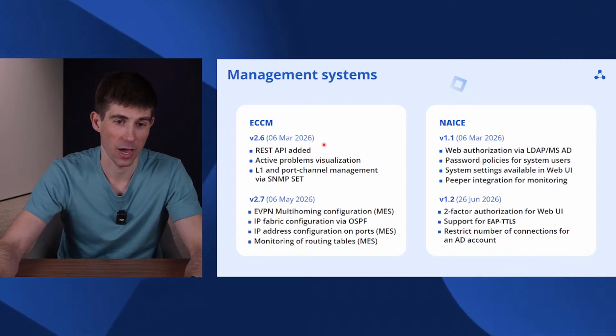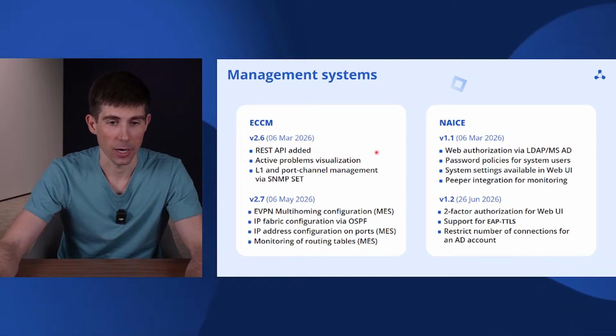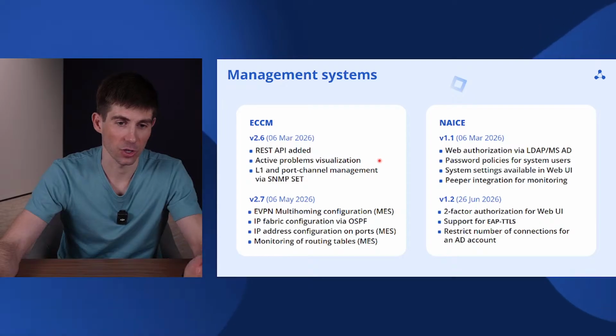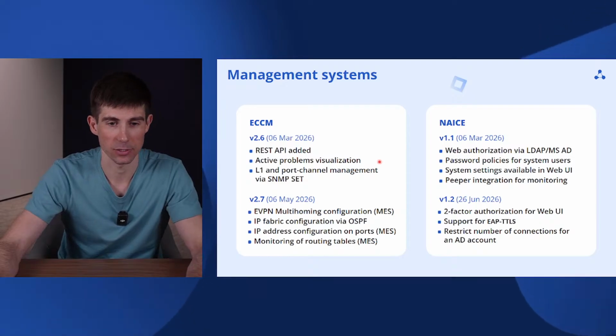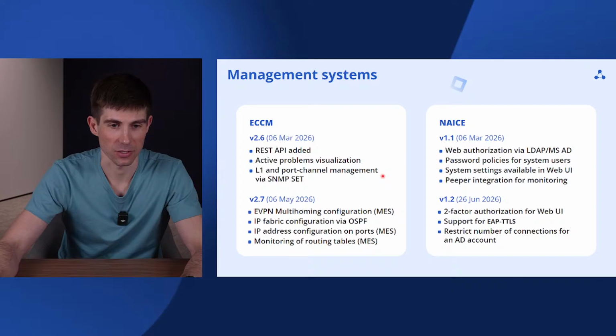Everything I just mentioned can be done through this REST API. There is improvement in visualization of active problems, and in the webinar I just mentioned, we actually had a live demonstration of how interfaces and port channel can be managed using web interface.